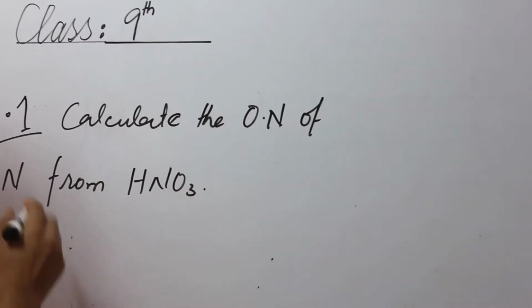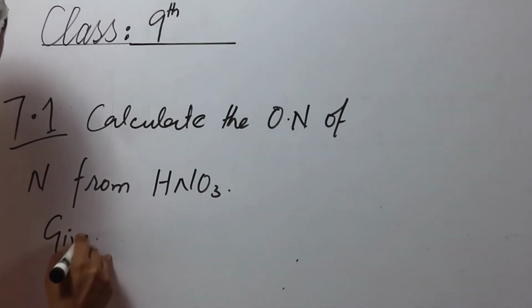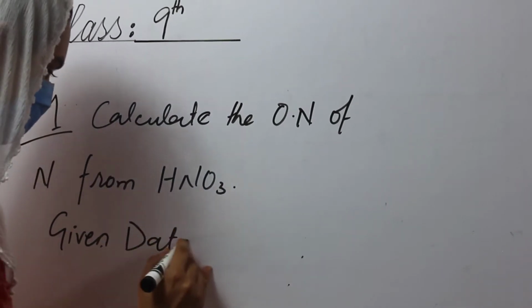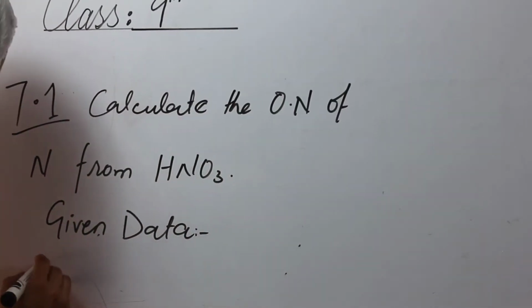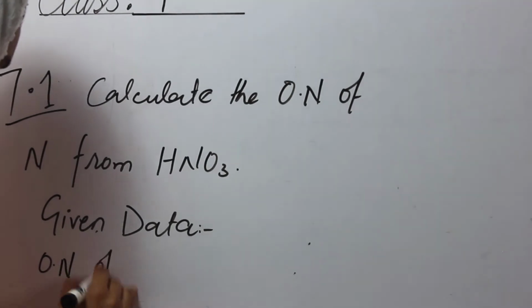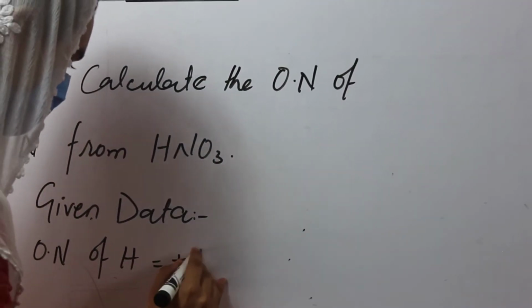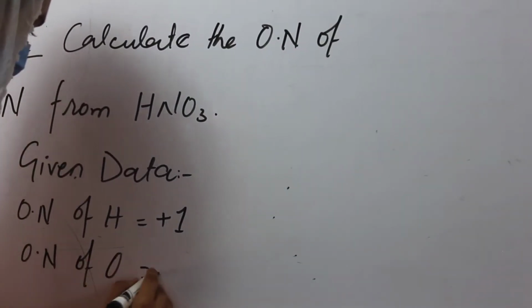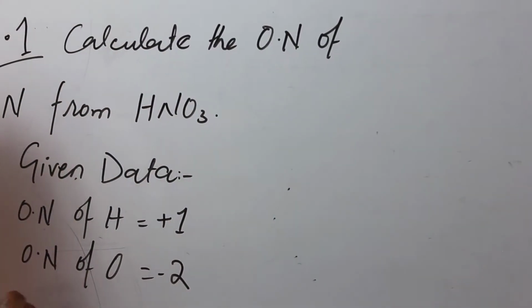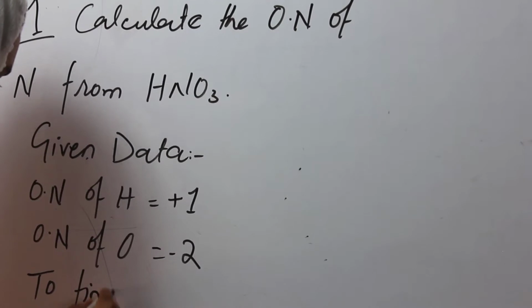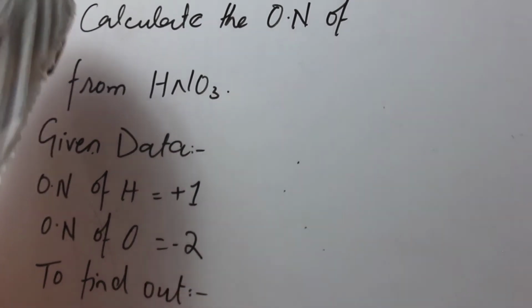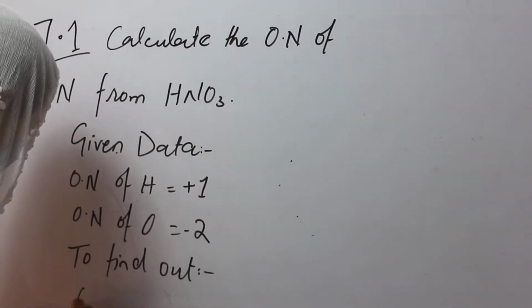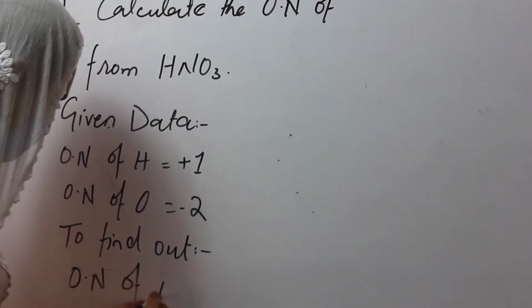Okay, first of all, given data. What is given data? The oxidation number of hydrogen is +1. The oxidation number of oxygen is -2. What we want to find out is the oxidation number of nitrogen.